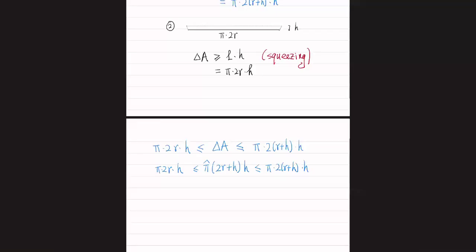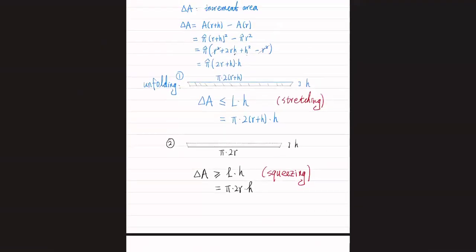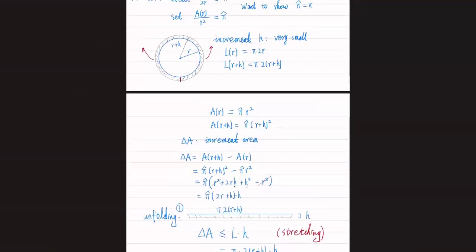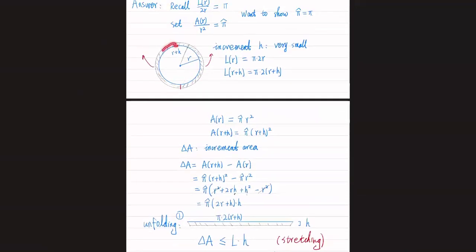Amy, what do you think about this inequality? Does it make sense? Kind of. Okay. So the key point is about this unfolding. When we unfold, so this is rubber over there.